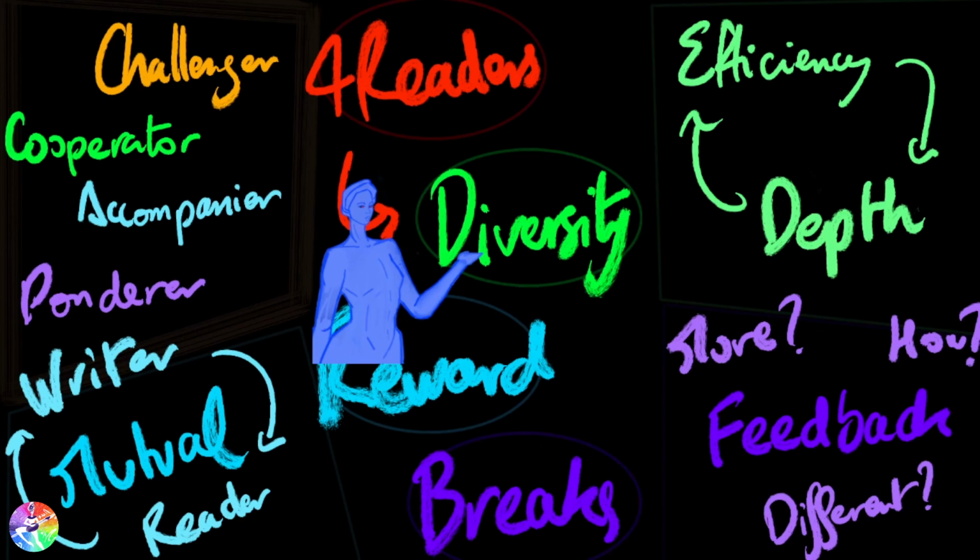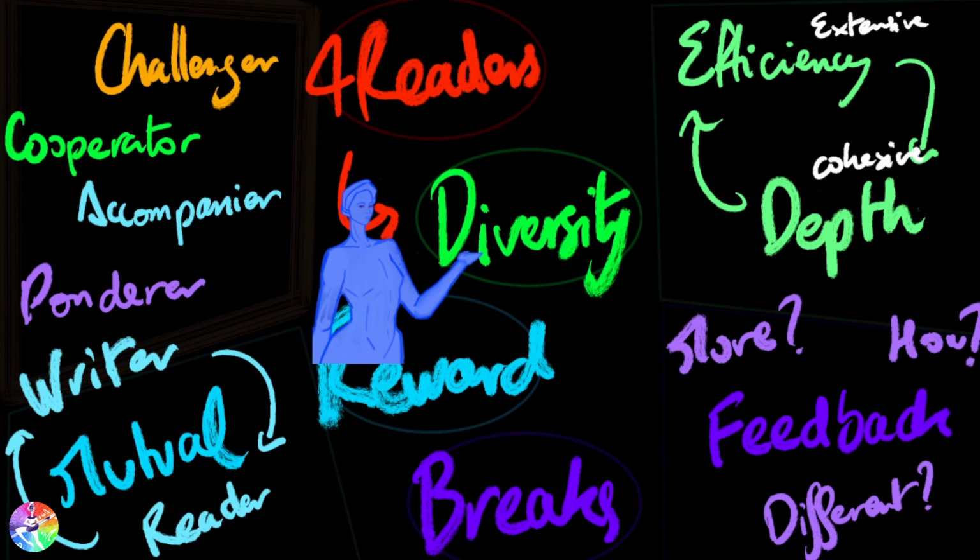This will allow you to develop in this situation both efficiency and depth. That's the goal of diversity here. Efficiency generates depth, depth generates efficiency. So your world becomes more cohesive when it comes to depth, and you generate more material faster, so your world becomes more extensive.